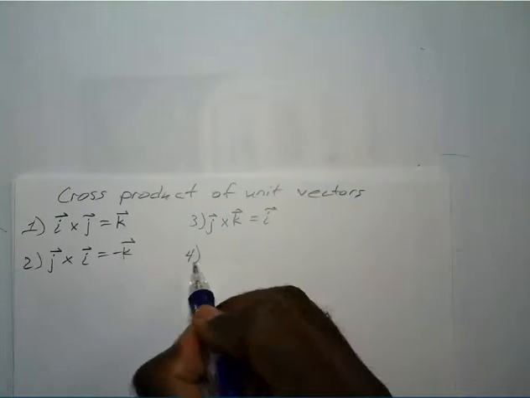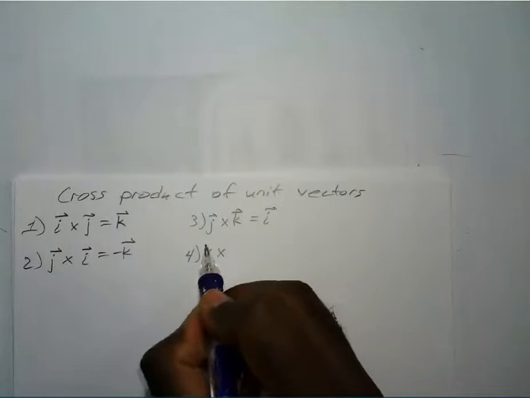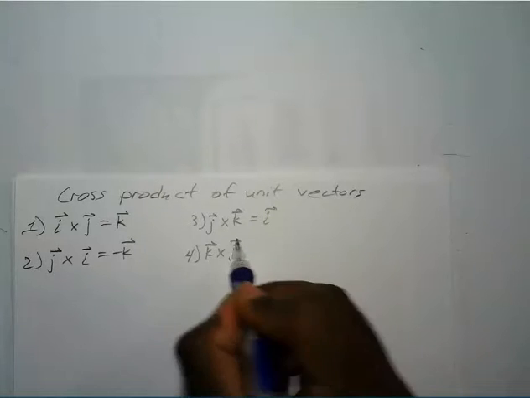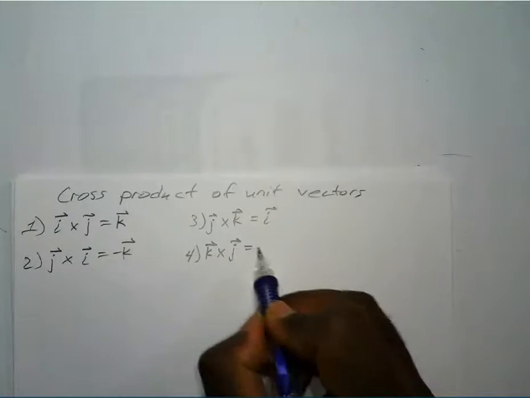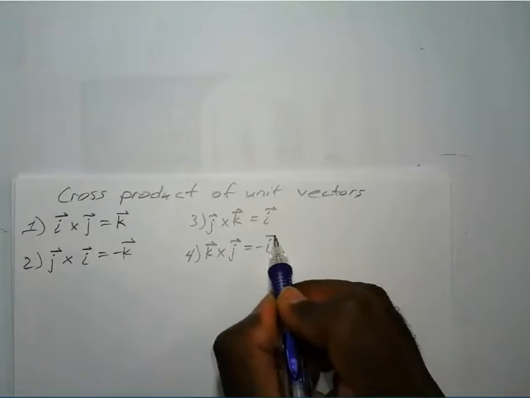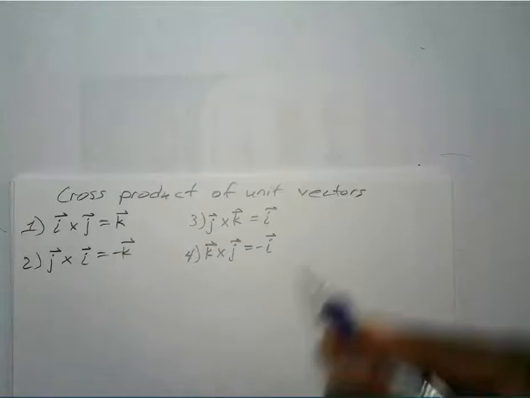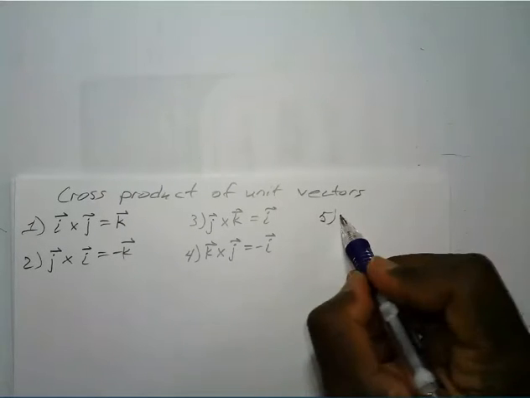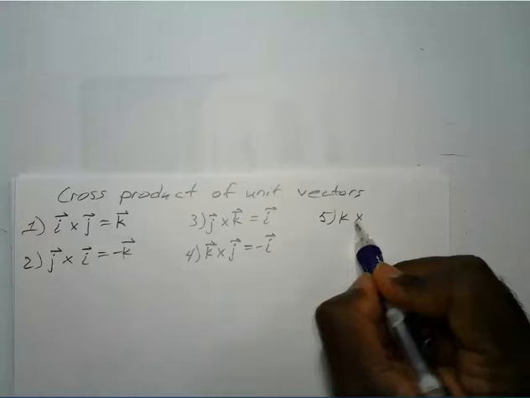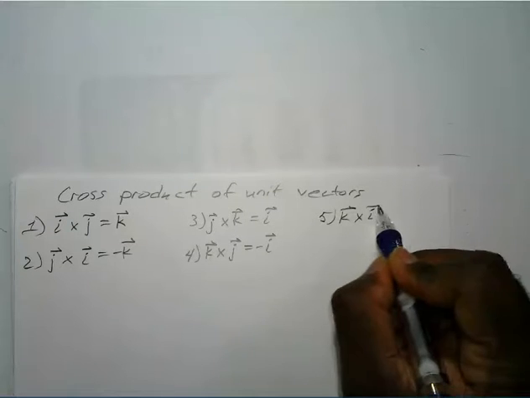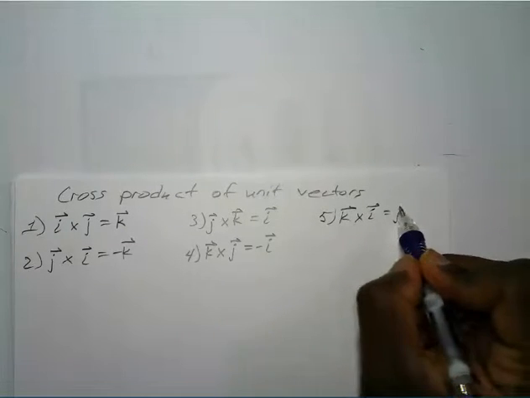Or if we have the k and j unit vector, cross product of that will give you the negative I unit vector. And last but not least, you have the unit vectors of k and I will give you j.